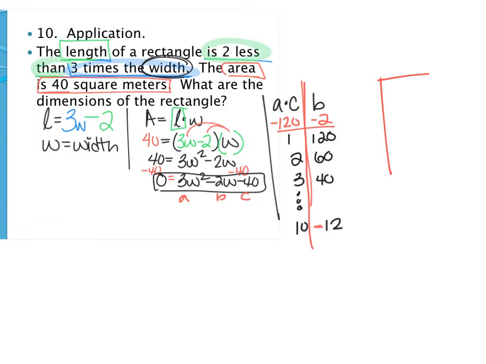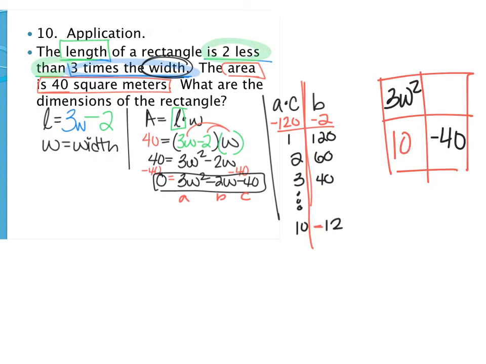If y'all are still working, just keep on going. I'm just kind of trying to catch up with y'all. 3W squared, negative 40. Did y'all put the 10 on the top or the bottom? The bottom. 10W and negative 12W.